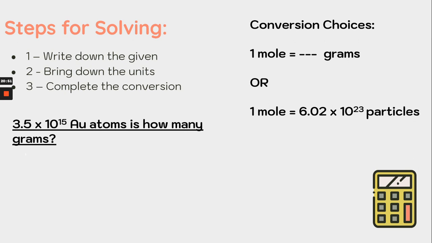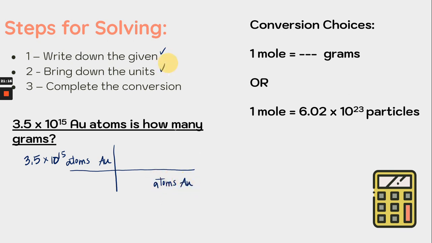All right, one more, and then I'm going to set you guys loose to try some. This one has, again, the same given, 3.5 times 10 to the 15th atoms of gold, because we're trying to keep it easy. That was step 1. Step 2, bring the units down.